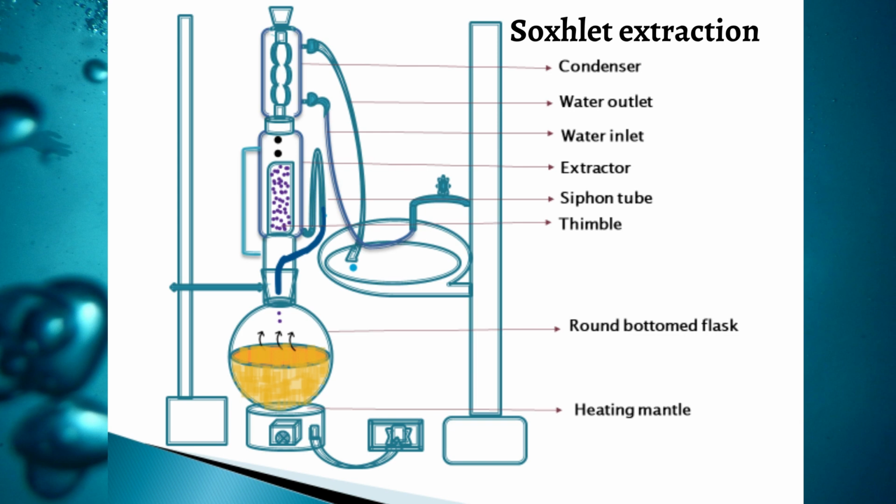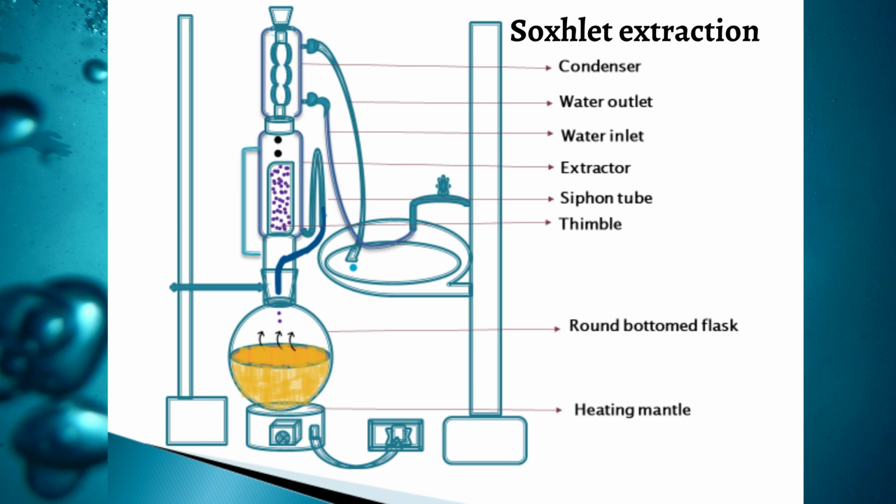So here the finely ground crude drug is placed in a porous bag or a thimble which is made up of a strong filter paper or muslin cloth, and it is placed inside the extraction chamber. Next, the extraction solvent is placed in the round bottom flask which is heated. On heating, the solvent will evaporate, and the vapor of the solvent, when it passes through the condenser, condenses into the liquid state.